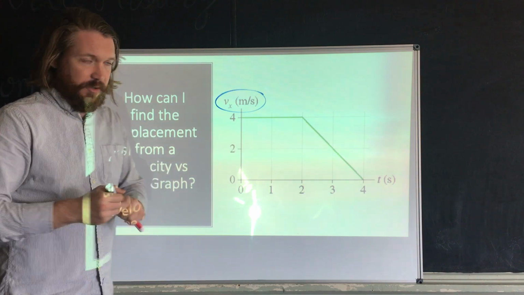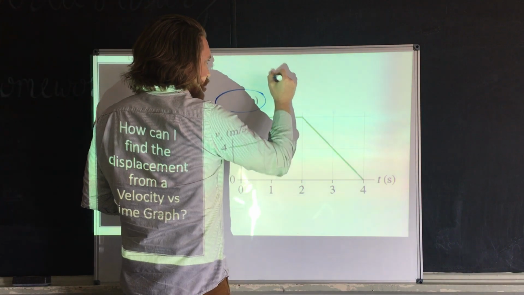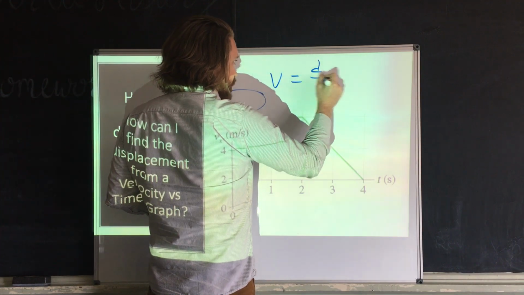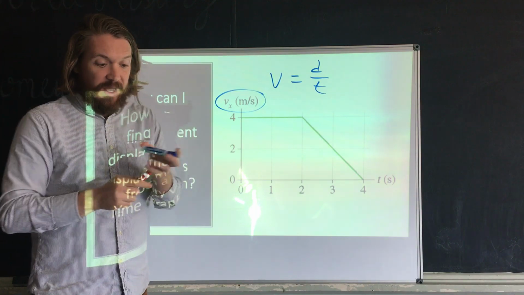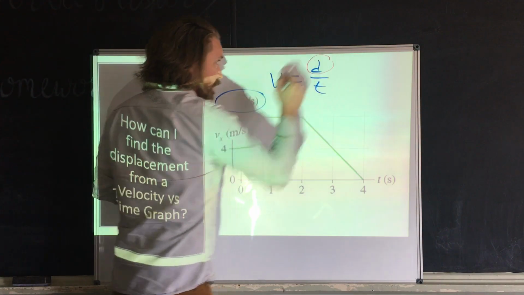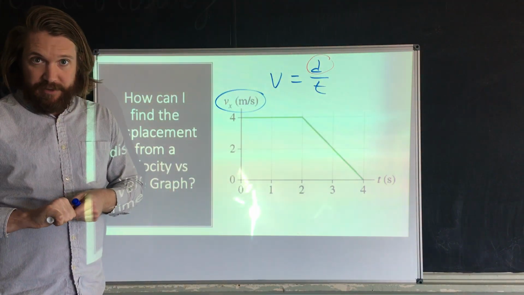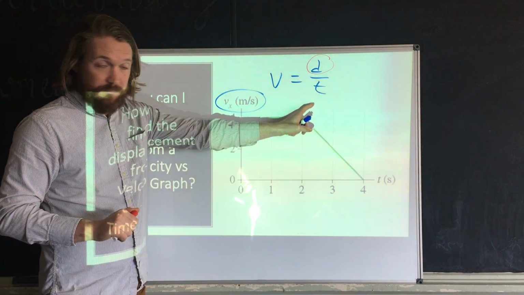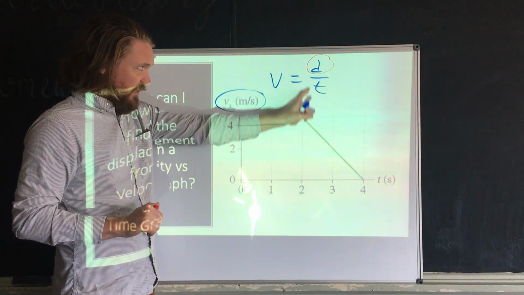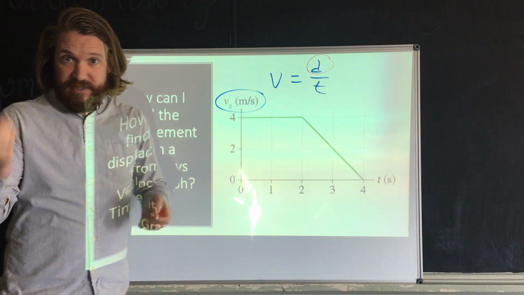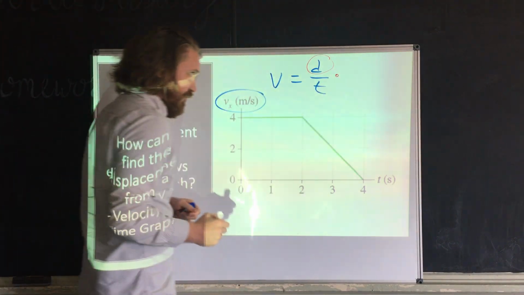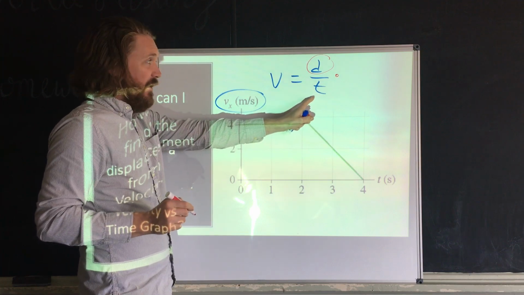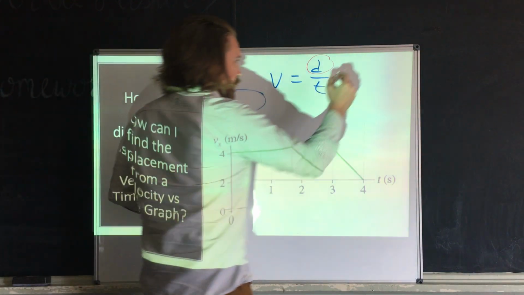So here's the trick, right? We know that velocity equals distance divided by time, right? Okay, so if I want distance by itself, well, I have to move time, okay? This is division. The opposite of division, as you know, is multiplication, and we always multiply by the number on the bottom of the fraction.